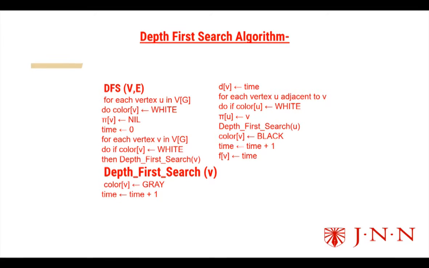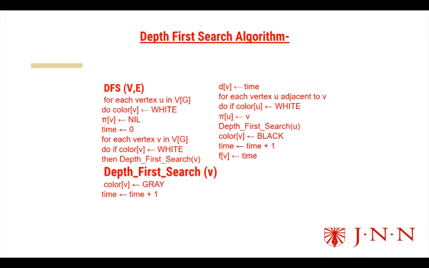So this is the depth first search algorithm, denoted as DFS. Vertex is denoted as V and edge is denoted as capital E. So first, for each vertex, denoted with the letter u initially, in the graph, that is the vertex of the graph. Initially the color of the vertex will be white.